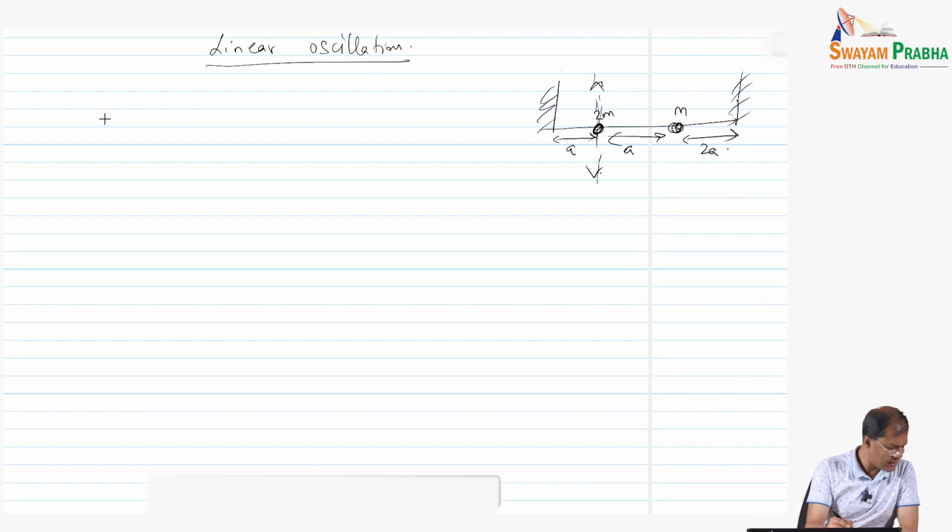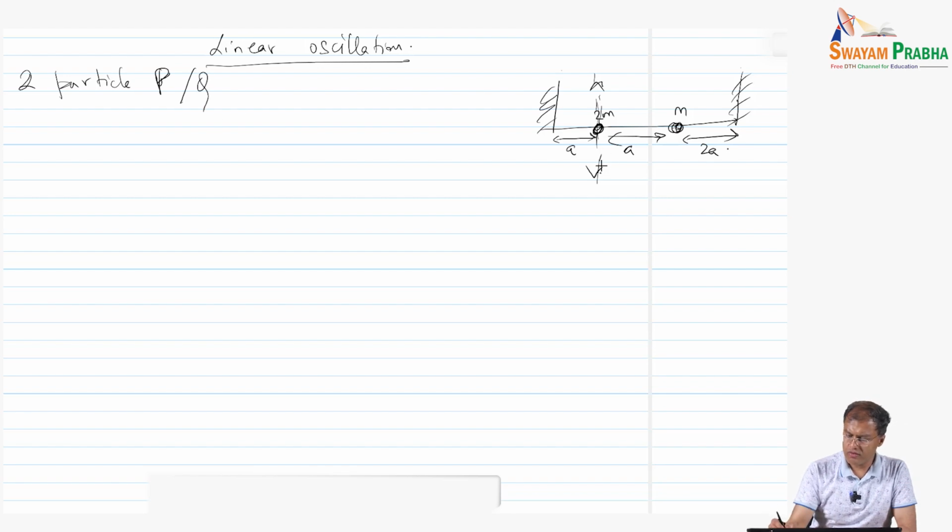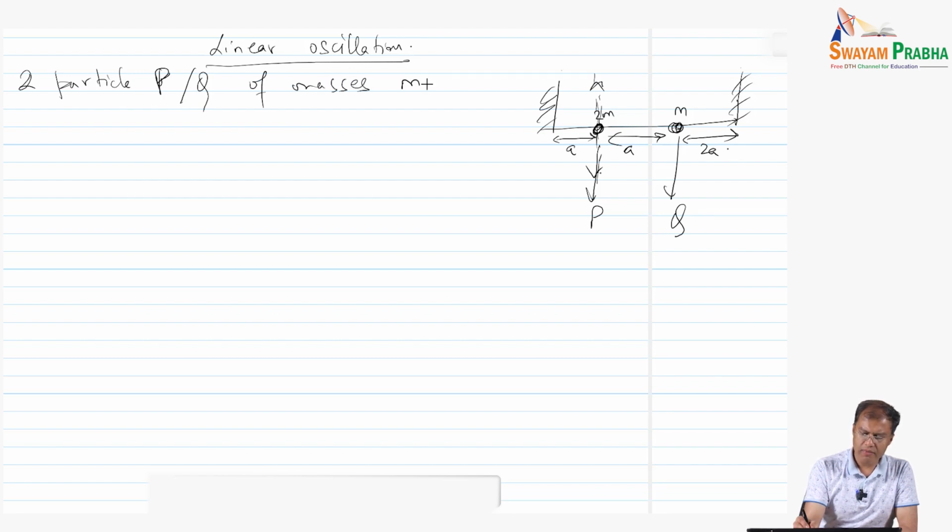Okay, so let us look at these two particles. So we have two particles, let's say P and Q. So this is P and this is Q. Two particles P and Q of masses 2m and m. So P is of mass 2m and Q is of mass m.